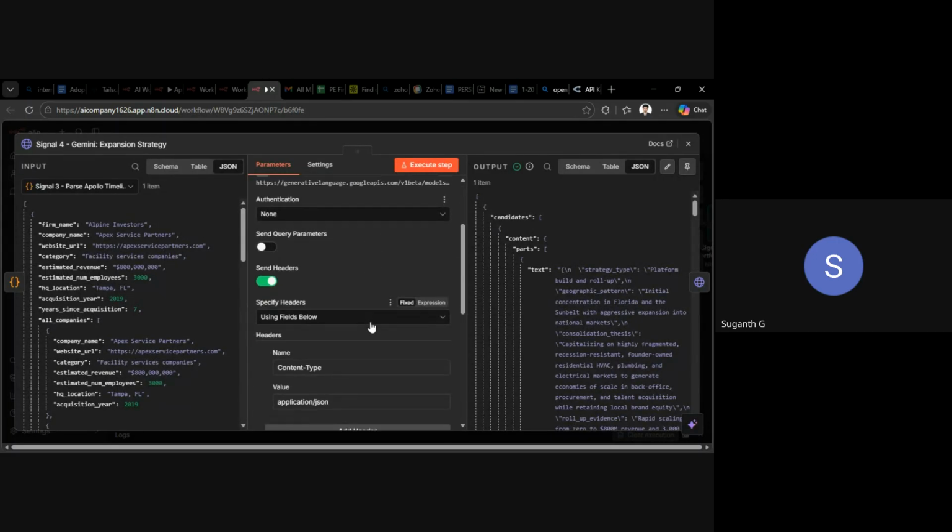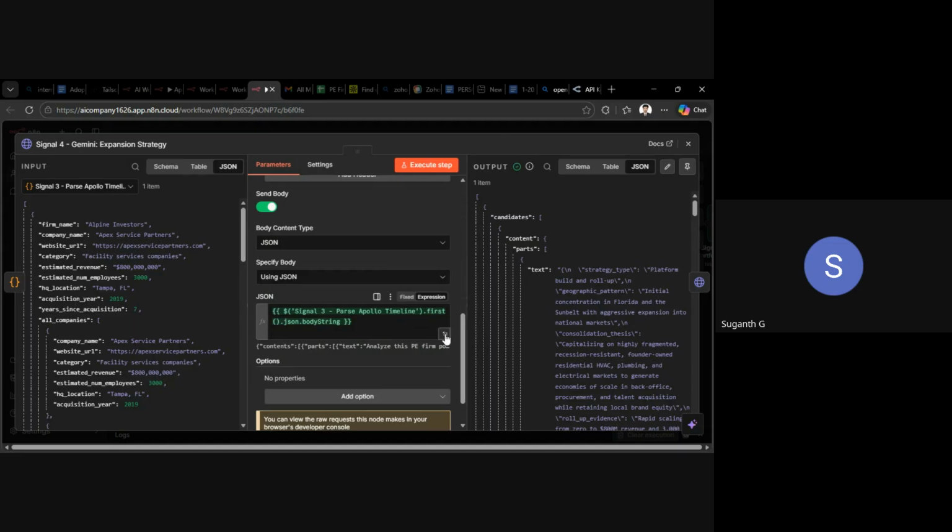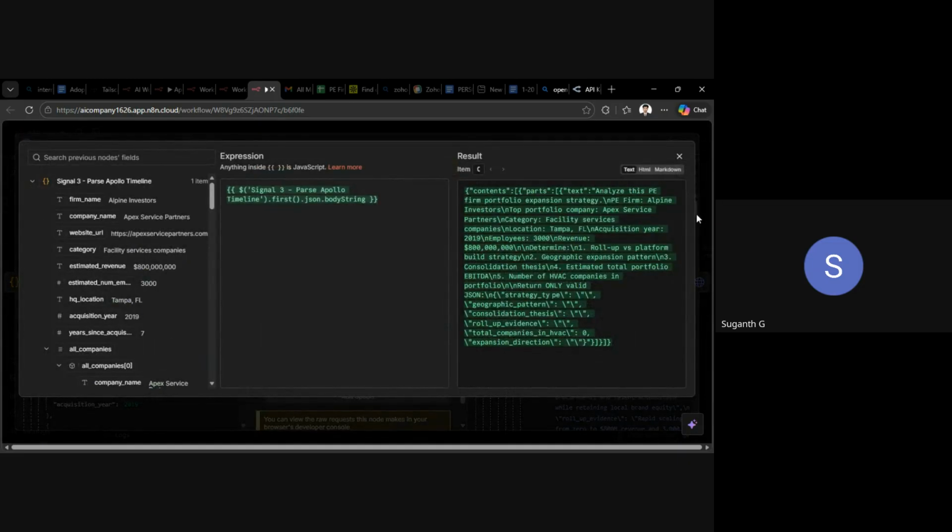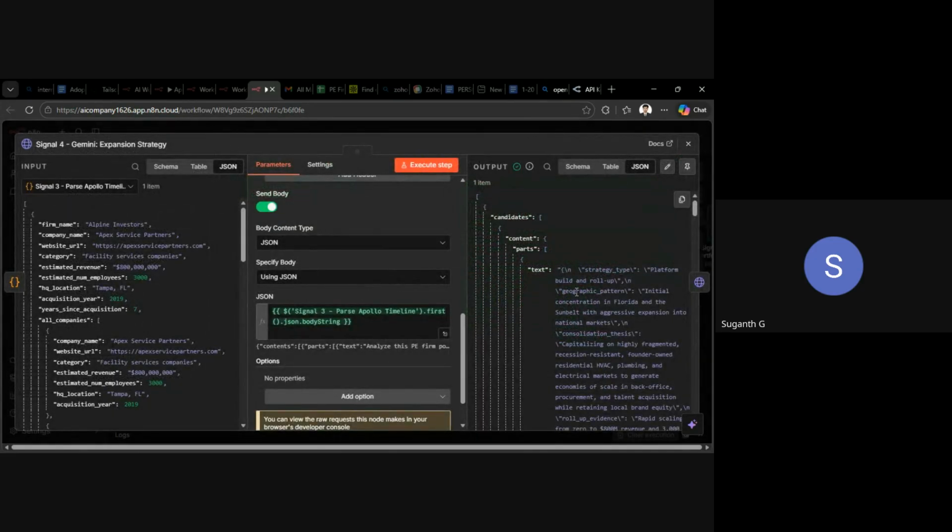So in this node, we worked on their strategies to expand their companies and firms. So we got the data, the firms, companies, website URLs, and all. So here we got the data of their expansion strategy.